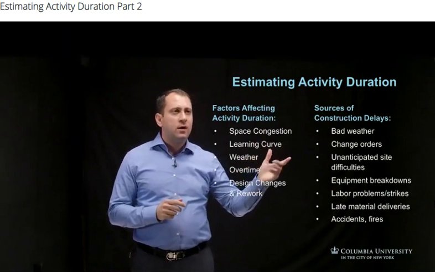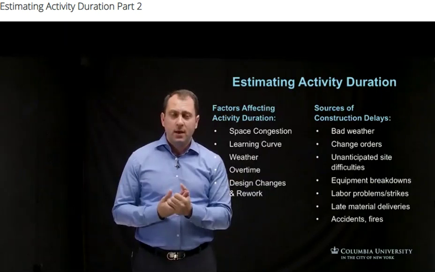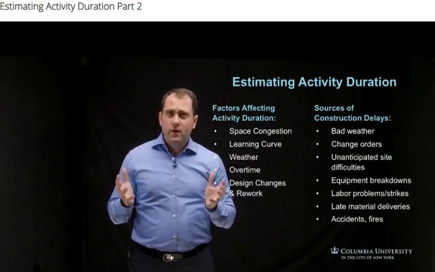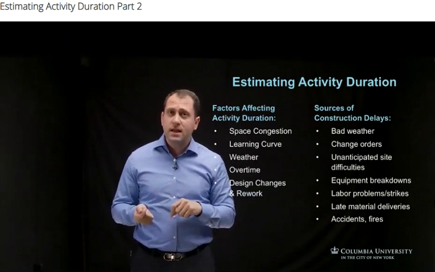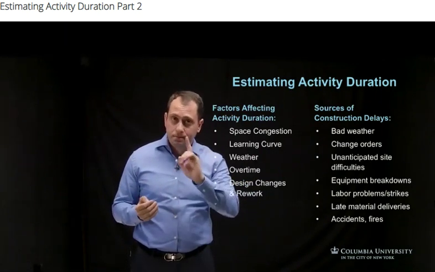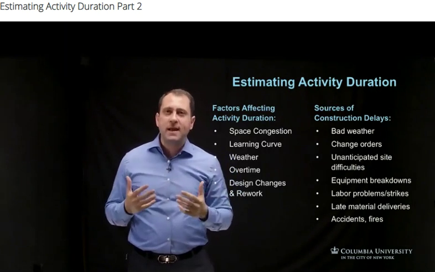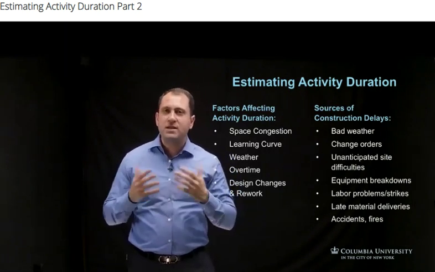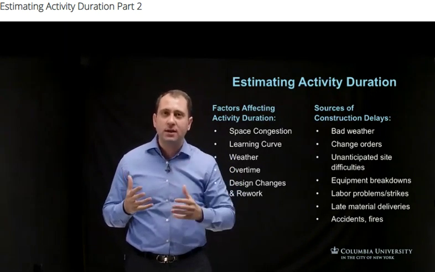Let's go with a third factor, which is weather. The effect of weather sometimes can be random or sometimes more systematic. For example, you can get all of a sudden a rainstorm where your project is located on any day.